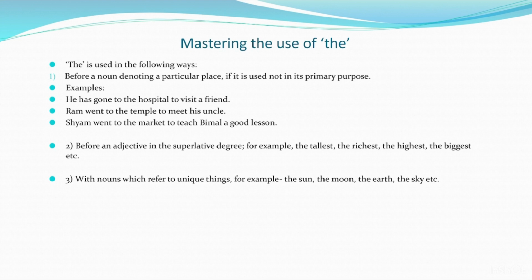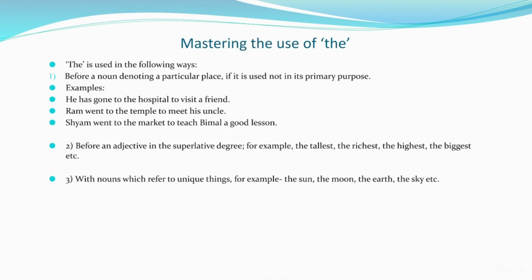If somebody visits a certain place for which that place is meant, then we should not use the article the. But if we are visiting these places for some other purpose, then we must use the article the.